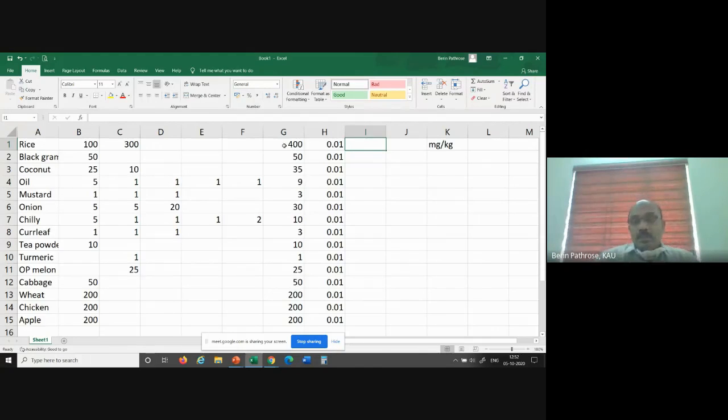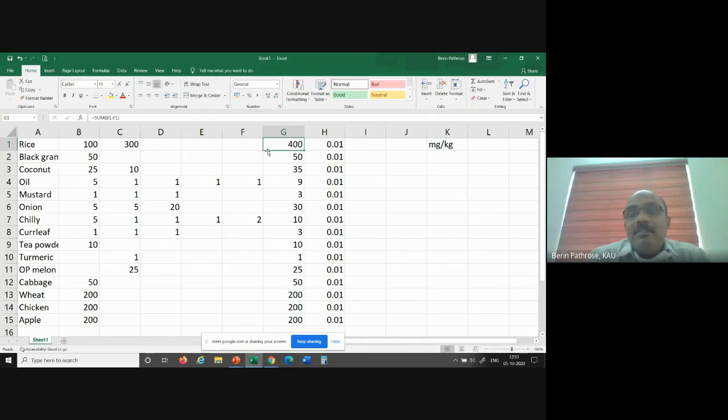Oh sorry, this is 0.4. We took grams; this is gram. We are calculating in milligram per kg, so we have to convert it into kg. That means into 10 raised to minus 3.